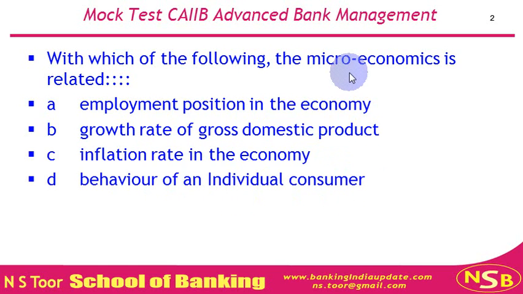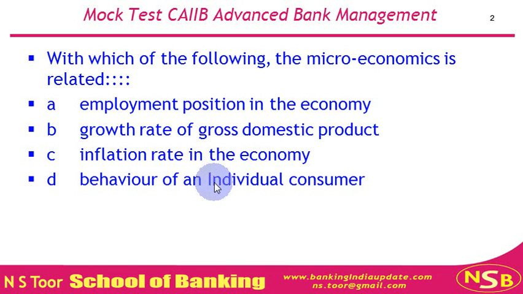Friends, we have two branches of economics. One is called microeconomics, the other is called macroeconomics. In macroeconomics, larger things are discussed: employment position in the country, growth rate of the country, inflation rate of the country. But microeconomics deals with individual consumers, individual firms.